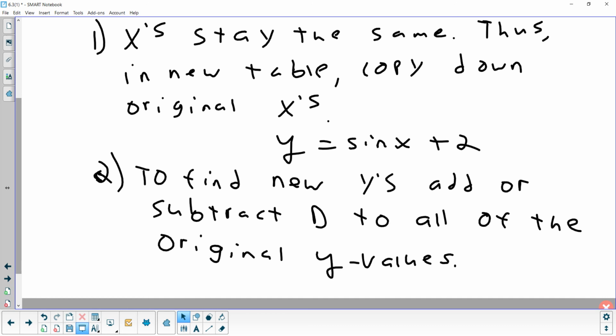That's still a vertical shift, just the way it is. This means to shift everything up 2. You would do a plus 2 to all your y values. If you had sine of x minus 2, you would do a minus 2. Don't do the opposite. Okay.